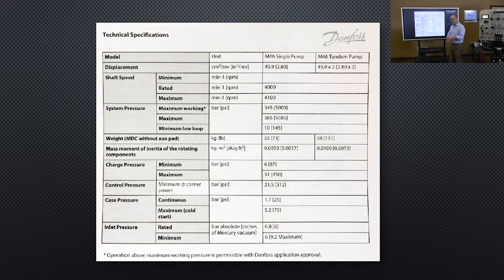The information I'm looking for is the information that the design engineer should have used in order to determine that they were in conformance with the pump manufacturer's specifications. In other words, the information in the service manual is generally the information that the design engineers should have used on starting up the prototype of the piece of equipment. Let me show you what I mean by this.